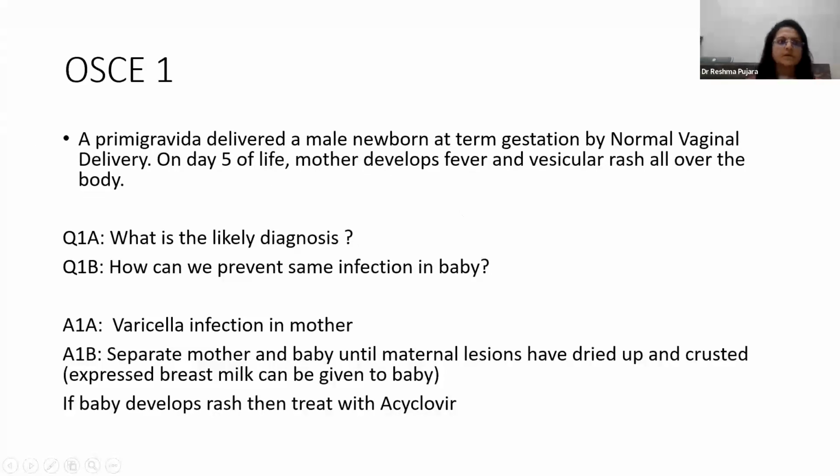Let me go back to the next slide. Okay. So yes, the majority of you are right that it is a varicella infection in the mother. Because the mother has developed this rash on day 5 of life, the baby is still at risk of developing neonatal varicella. The best would be to separate mother and baby until maternal lesions have dried up and crusted, but we should be giving expressed breast milk to the baby. If at all the baby develops a rash, then we should ideally treat with acyclovir.